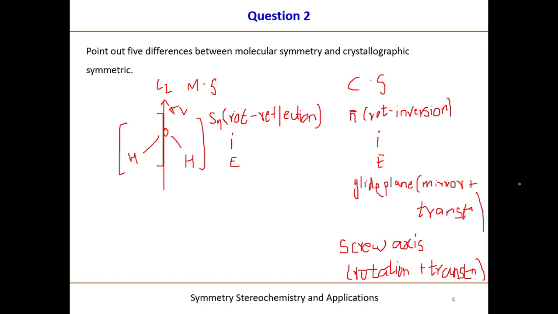While in case of crystallographic symmetry, the symmetry element could also pass through the space near the lattice or molecule present. So in crystallographic symmetry, the symmetry element will pass through the lattice, that is, the space near the molecule.